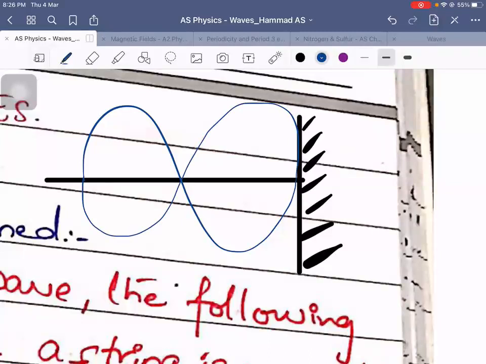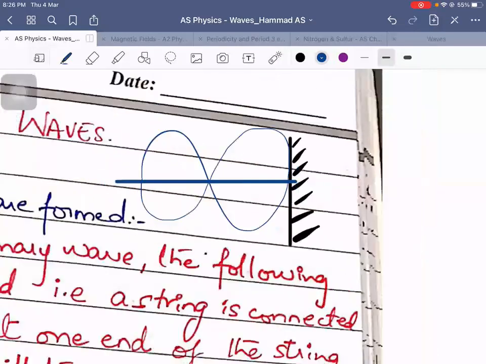And therefore you will notice a straight line forming again because the incident wave was cancelled off by the reflected wave. And hence we say there is no net transfer of energy.